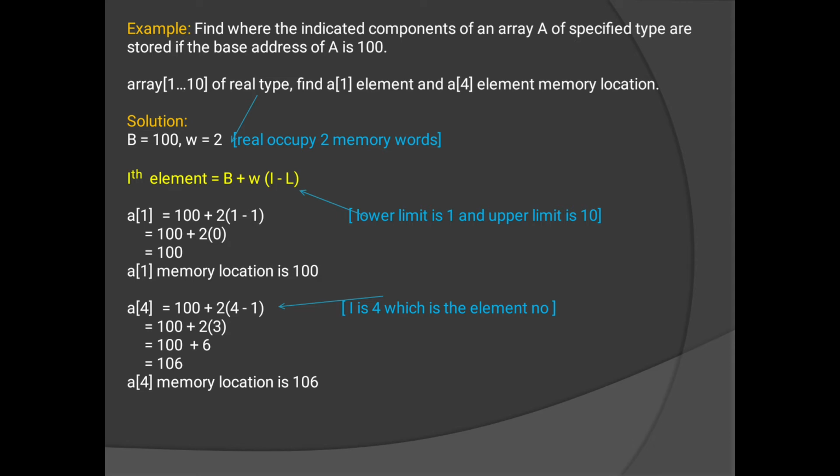So if A1 is 100, A2, let's say, is 102, A3 is 104, A4 is 106. So you can see that it matches, because the memory address location is also in sequential order based on the type. So here the type is real type. All right.